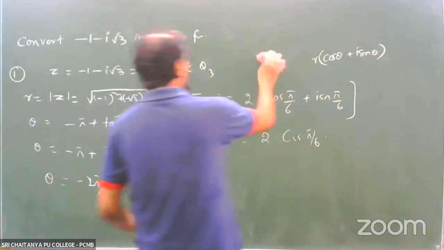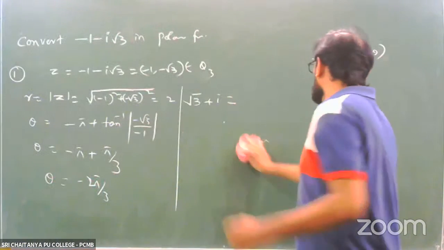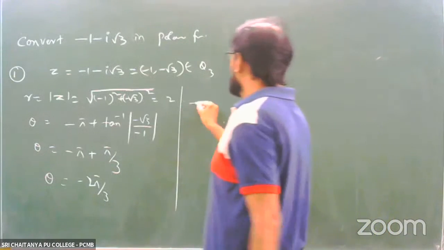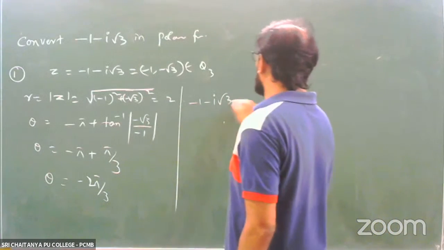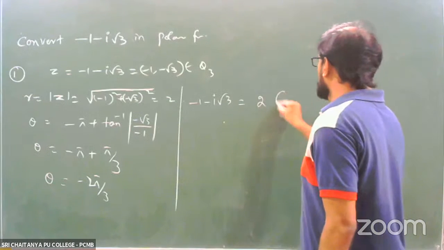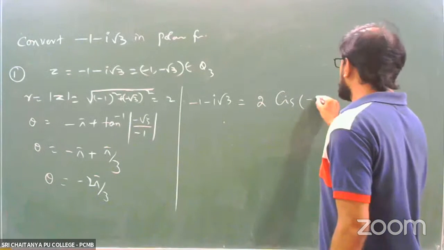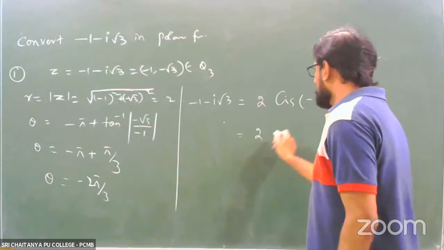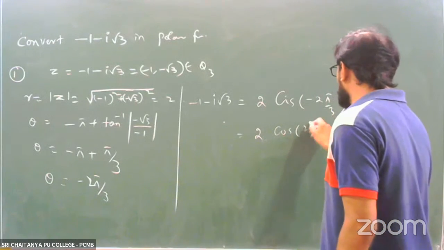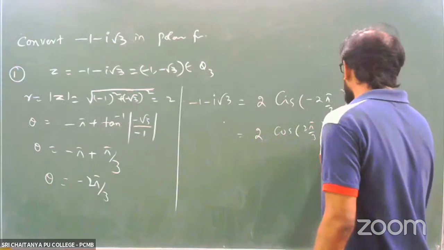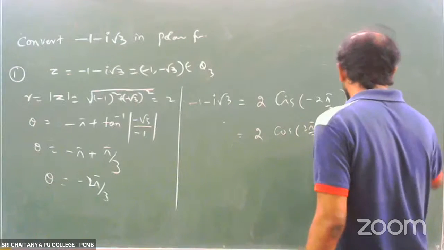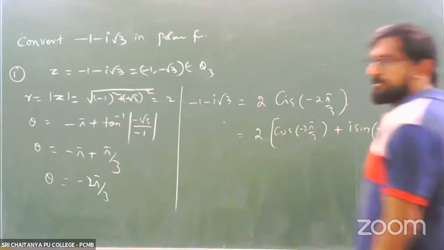So if theta is equal to minus 2 pi by 3, you are going to get -1 minus i root 3 can be written as 2 into cis of minus 2 pi by 3, which you can write as cos of 2 pi by 3 plus i into sin of minus 2 pi by 3, like this, right?